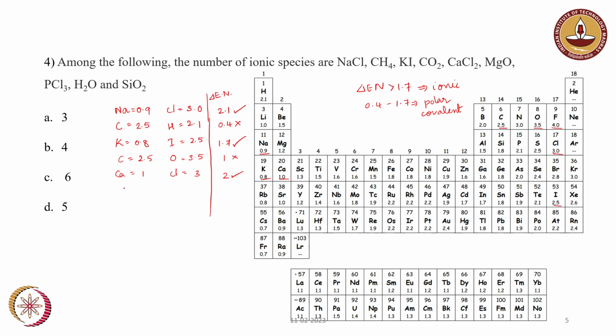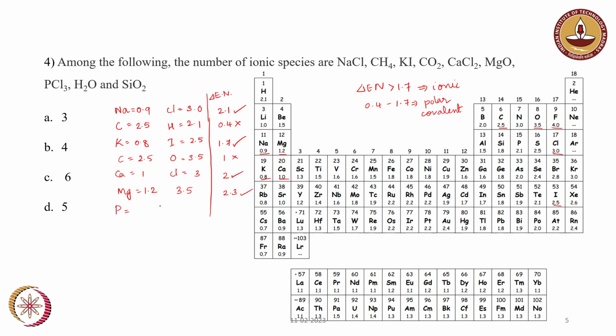And next one is magnesium oxide. Magnesium is 1.2, and oxygen is 3. So the difference comes to 2.3, and it's greater than 1.7, so it's ionic. Next one is PCl3.